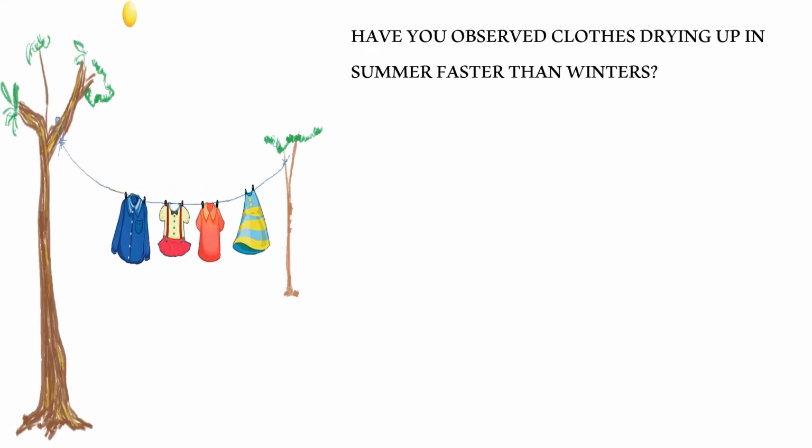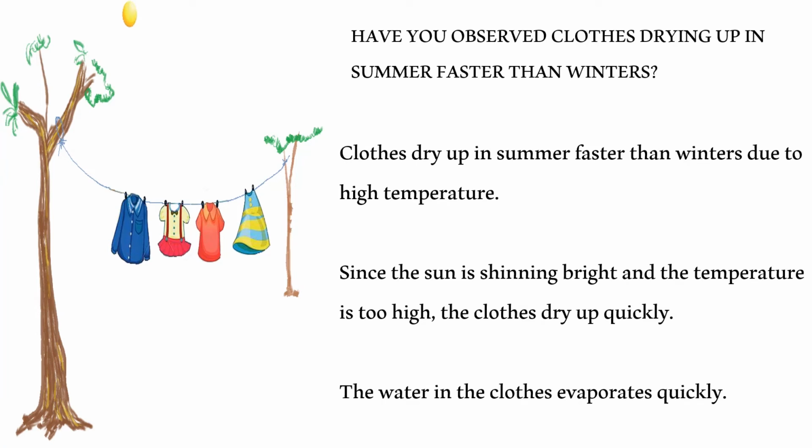Have you observed clothes drying up faster in summer than in winters? Why does it happen that the clothes dry faster in summer and not during the winter or even in the rainy season? Clothes dry up in summer faster than winters due to the high temperature. Since the sun is shining bright and the temperature is too high, the clothes dry up quickly.